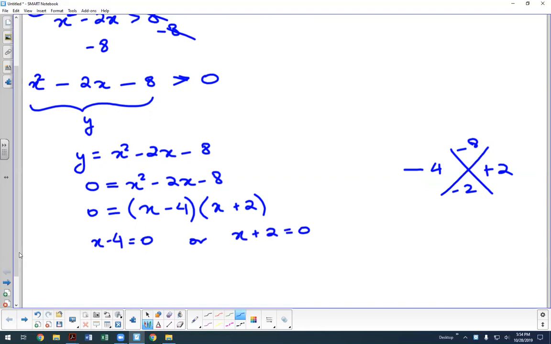And of course, this guy will give me x equals 4. This guy will give me x equals -2 when you get x by itself and move the numbers to the other side. Okay, so those are our roots. Now, as far as graphing goes, what else do we need?